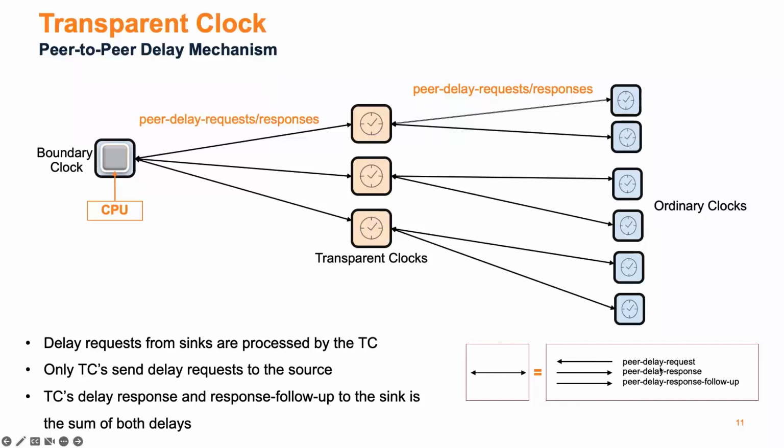So we have a peer delay request, then we have a response, and then we have a peer delay response follow-up. The follow-up is the message that actually has the timestamp for representing the delay. So that is when we apply a two-step mechanism to the whole PTP deployment.